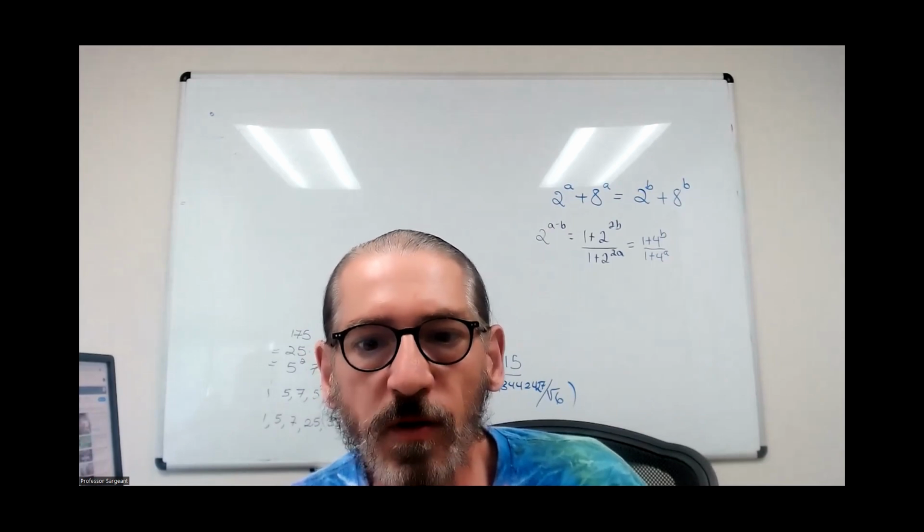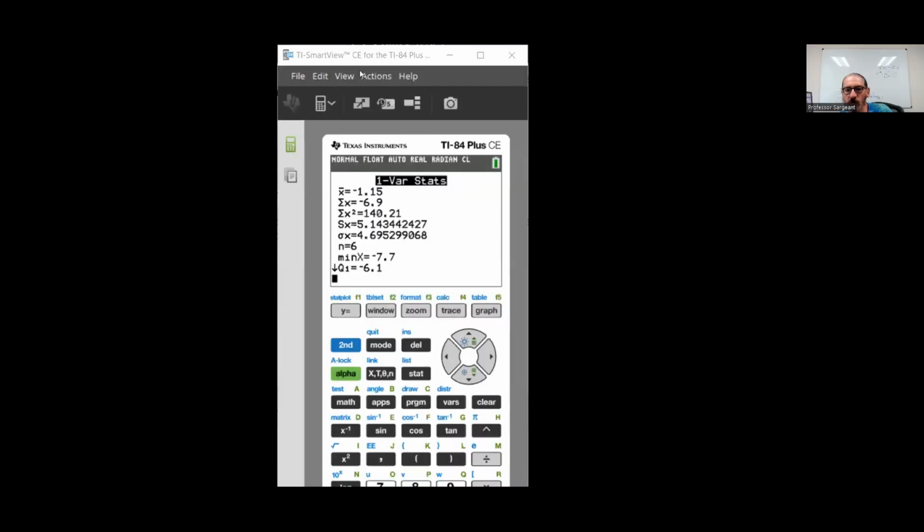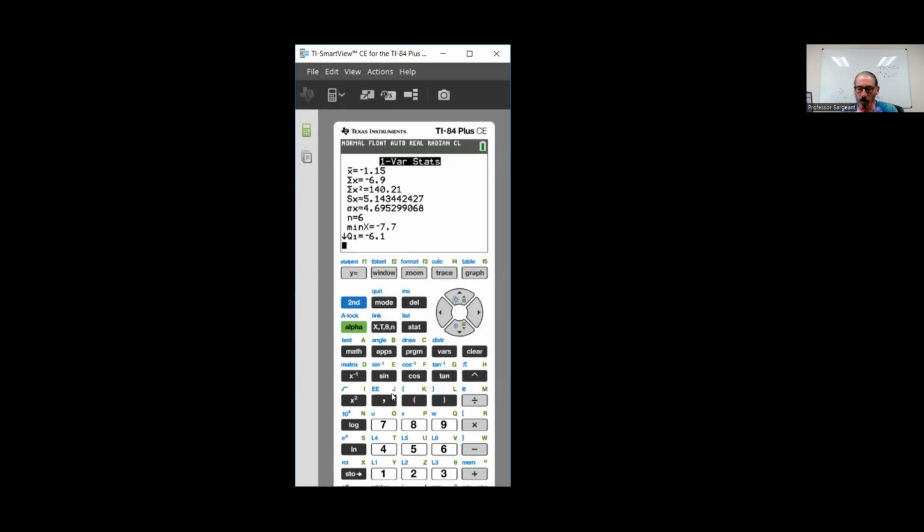Well, rather than typing that stuff in, I could just do the following. Since the differences were in list 3, then I'm going to get the mean of the sample differences, the D bar, second and stat, coming from math, option 3. Tell it that things were in list 3.